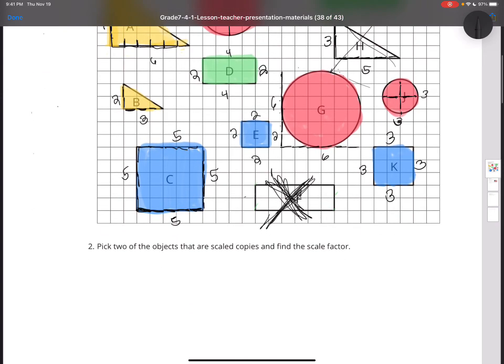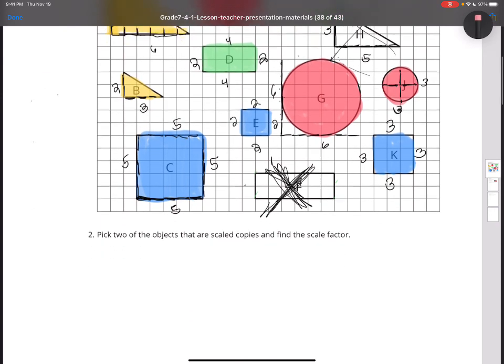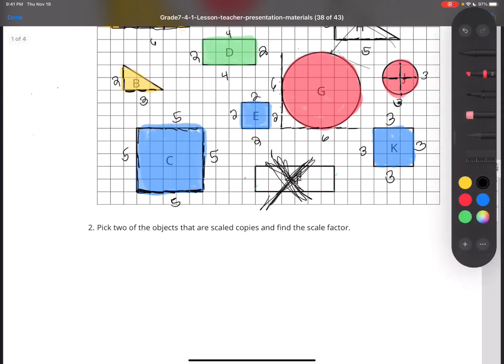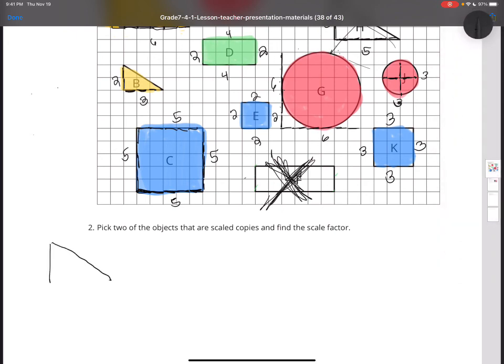So I'm going to draw a picture and show you guys what I mean by that. So if we're going from figure A to figure B, which the size is 4, 6, just to give you guys a friendly reminder.